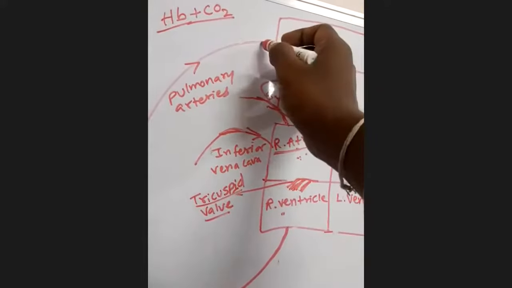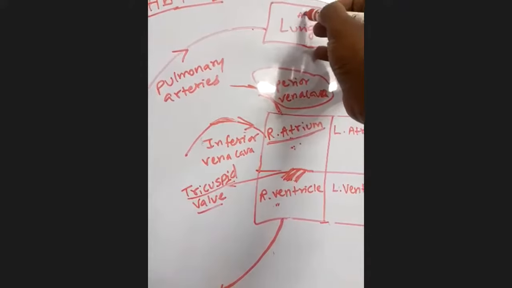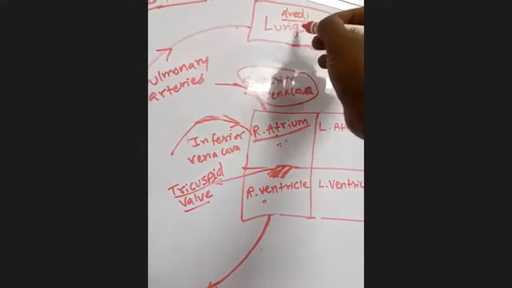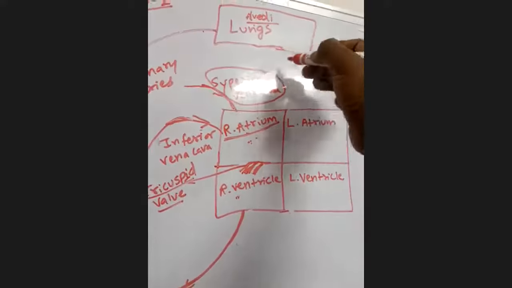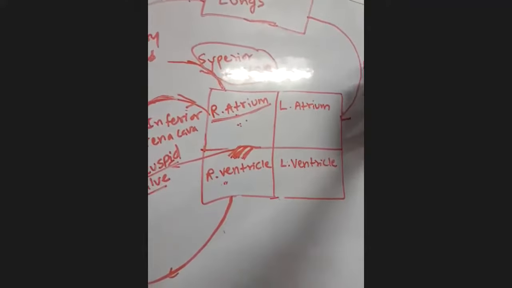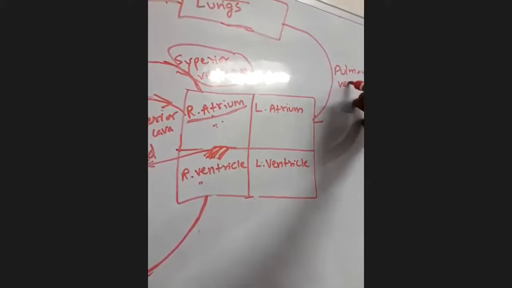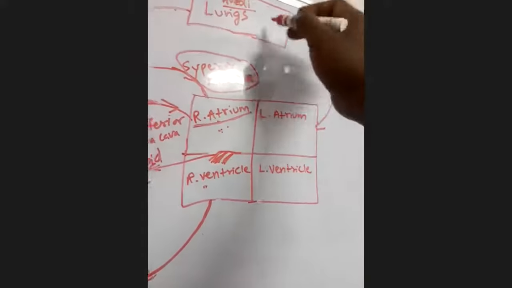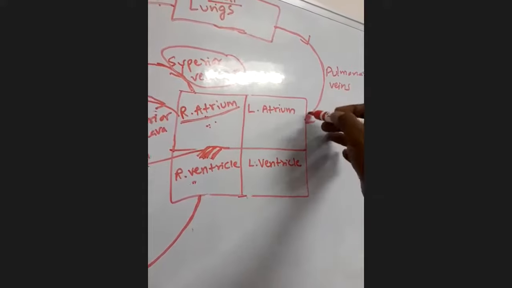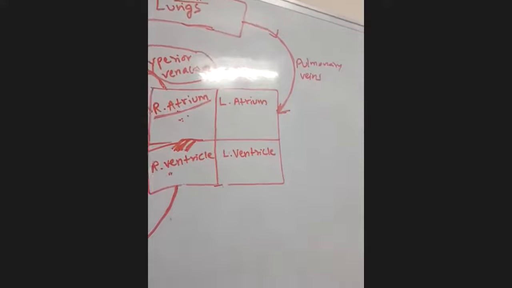So this blood will give away carbon dioxide at the alveoli level, and then oxygen is taken by the blood. The blood passing through the pulmonary veins is oxygenated blood, or we call it pure blood, right?